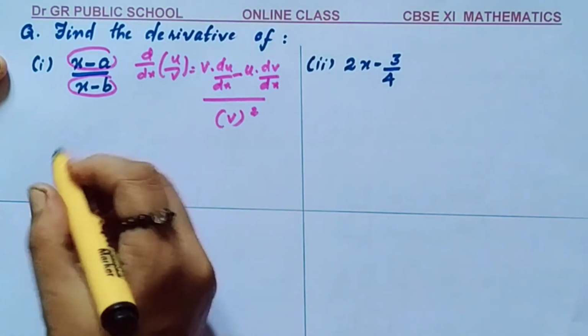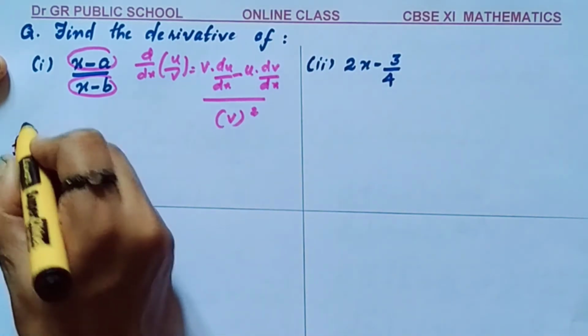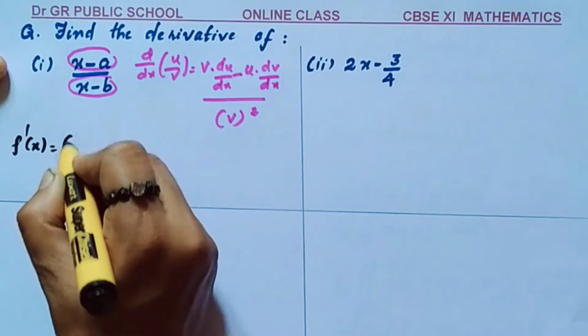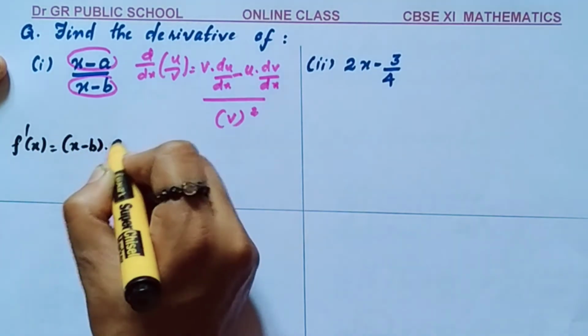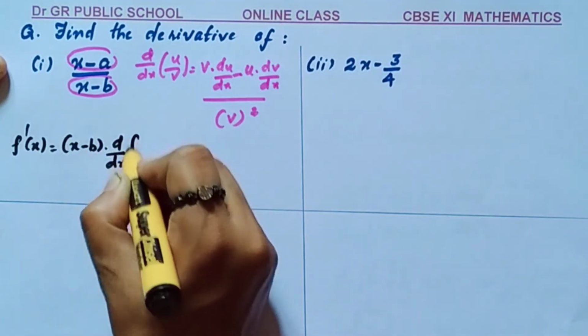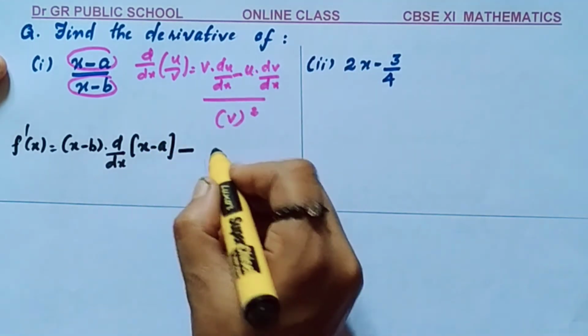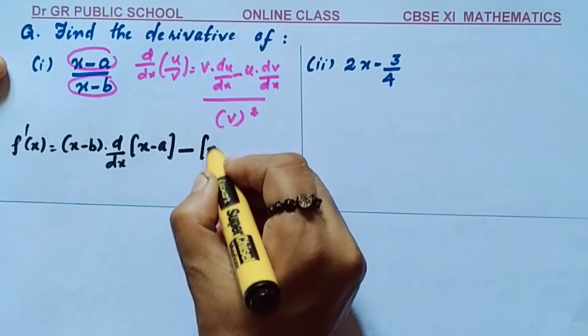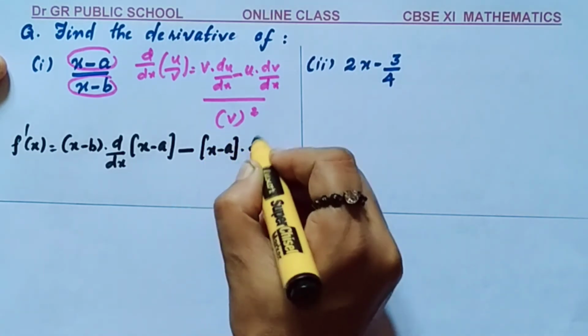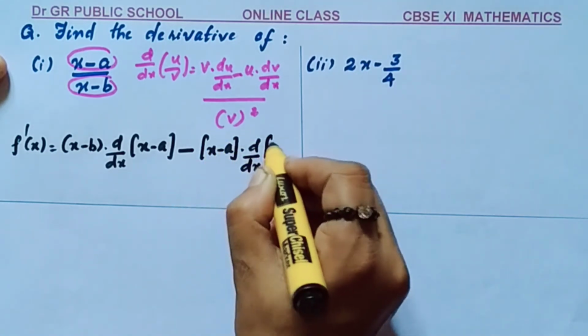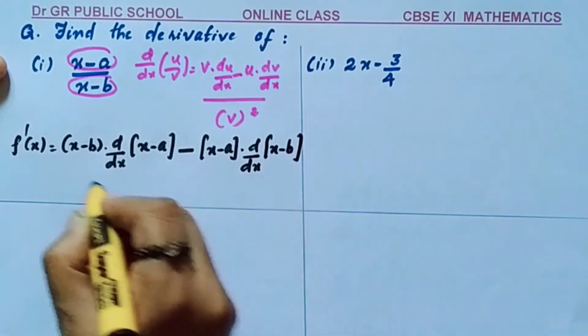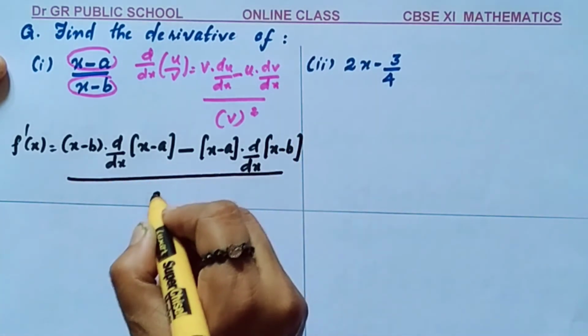So f dash x equals the denominator x minus b into the derivative of the numerator x minus a, minus, the formula carries a minus, the numerator x minus a into the derivative of the denominator x minus b, the whole divided by the denominator square.